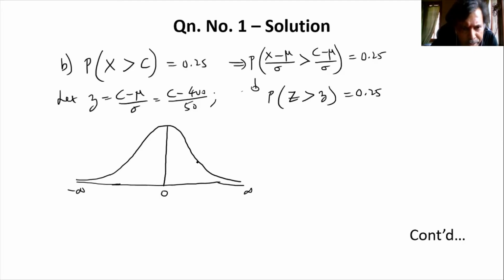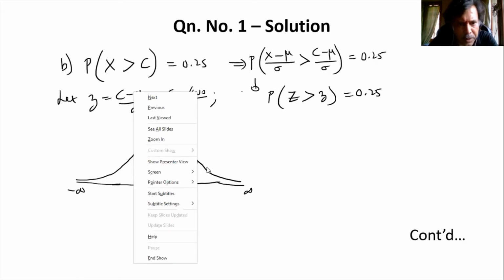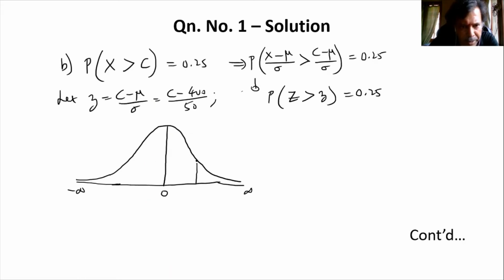Means I should do it like this, because we are going to shade it above this particular value, and that should contribute only 25%. For example, negative infinity to 0 is 50%. 0 to positive infinity is again 50%. Now I am choosing only half of it. So that is actually 25% only.